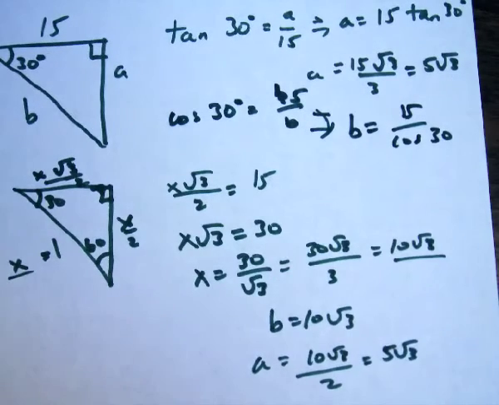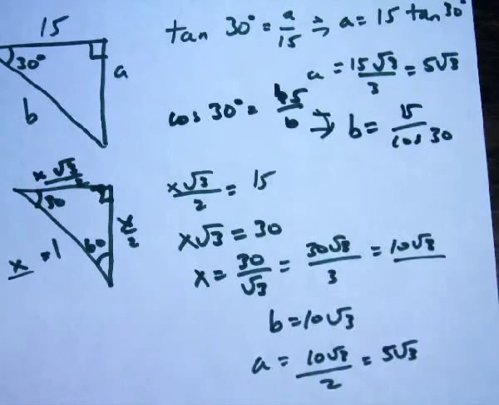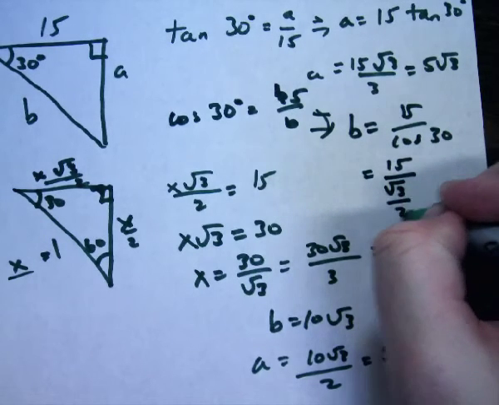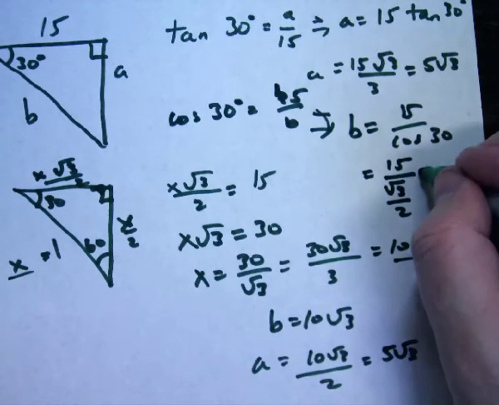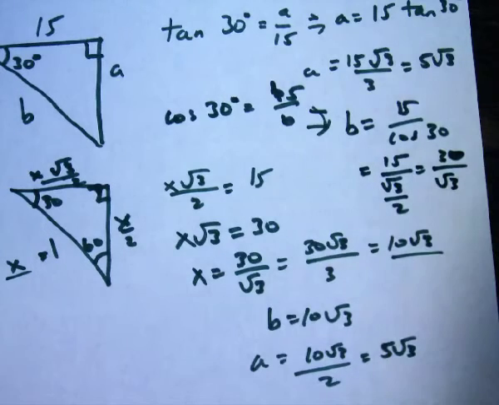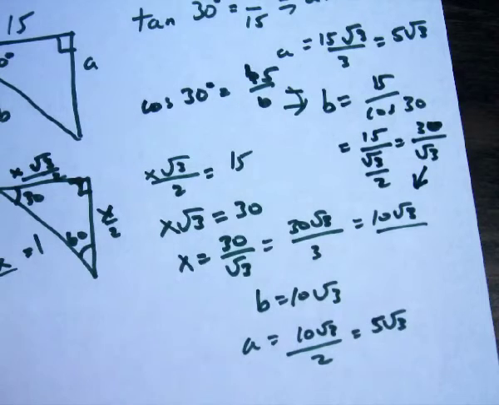And you already told me what cosine 30 was. Cosine 30 is root 3 over 2. So this equals 15 over root 3 over 2. If I flip this upside down and stick it on top, I'm going to get 2 times 15 is 30 over root 3. And we already know that 30 over root 3 equals 10 root 3.